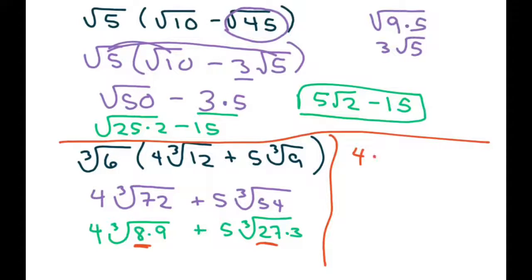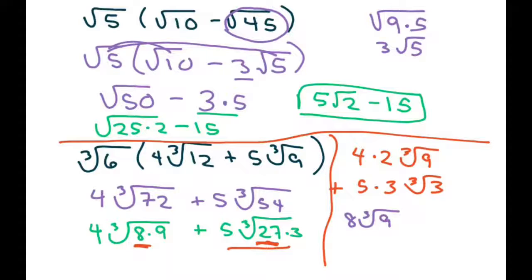Cube root of 8 is 2. And we're left with cube root of 9. And then for the second part, cube root of 27 is 3. This part is 3, so that's going to be 5 times 3. And we're left with the cube root of 3. So combining all this, I'm going to get 8 cube root of 9 plus 15 cube root of 3.